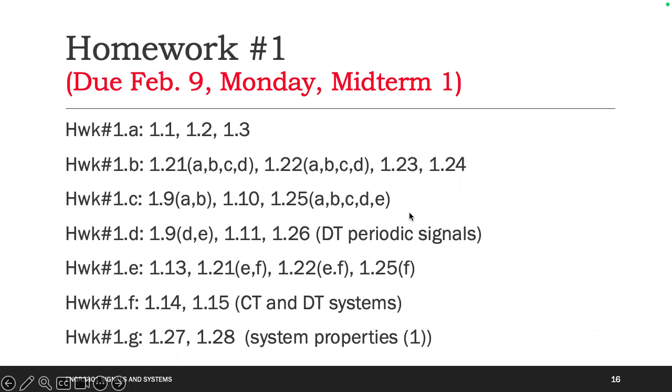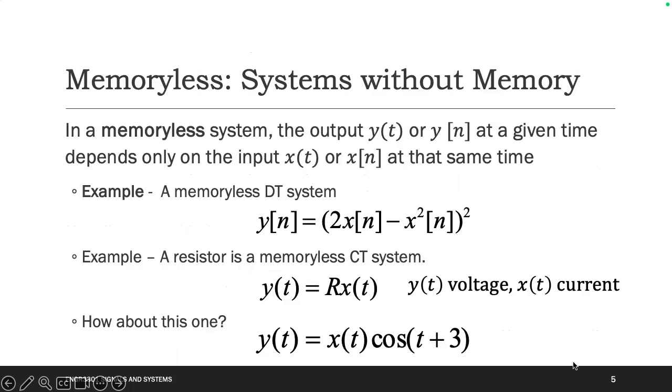Okay, this is the CT system, mathematically characterized, and then four different properties. Let's do a summary. What are those four properties? Do you remember? The first one is memoryless.